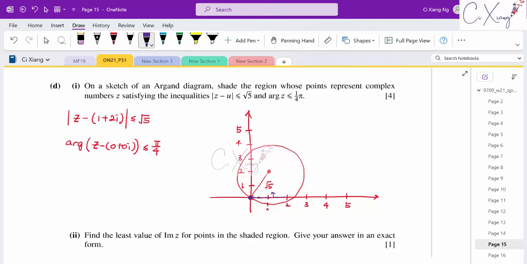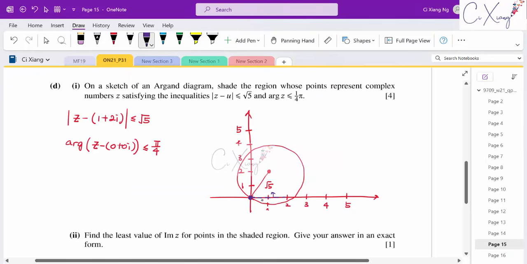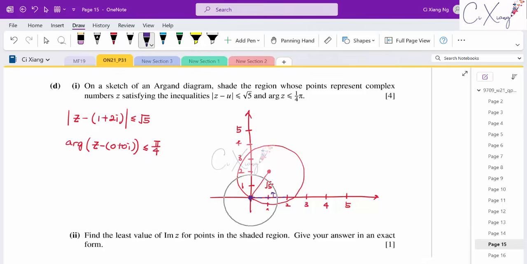From the horizontal line on the right-hand side of the origin 0, 0, you need to measure 45 degrees in the anti-clockwise direction. So by right, you will pass through the point 1, 1 for 45 degrees.